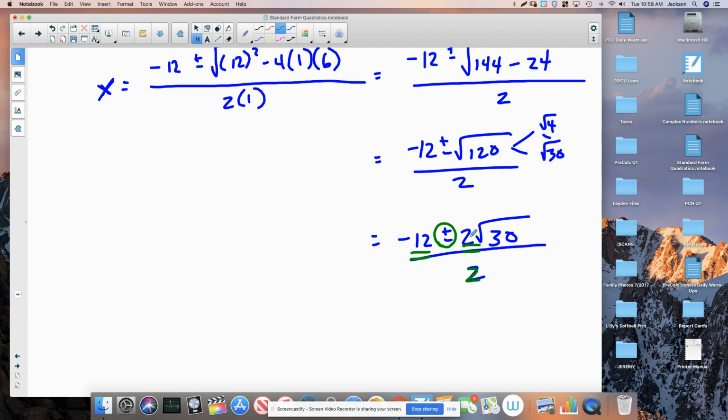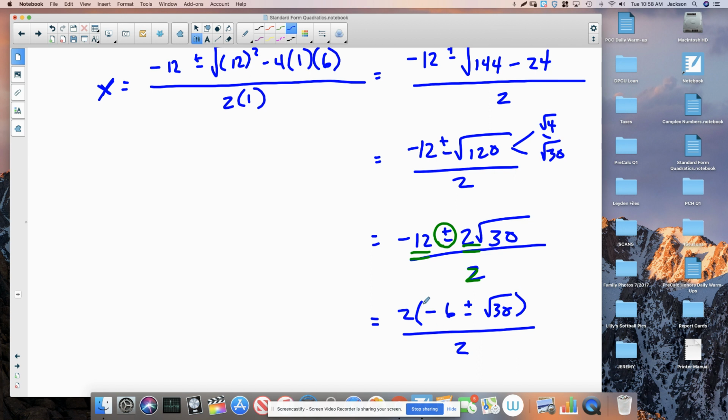So both of these are divisible by 2, so I can factor a 2 out of the numerator. So what that looks like is we're pulling a 2 out, which leaves us with -6 plus or minus the radical 30 still hanging out. And then we have the 2 on the bottom.